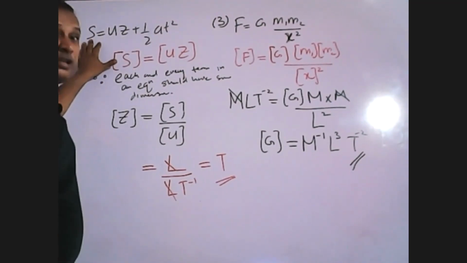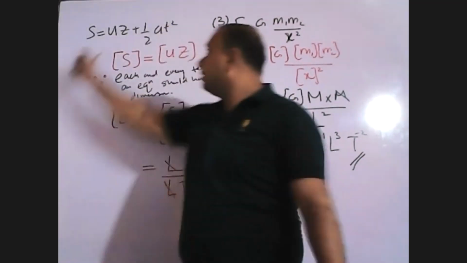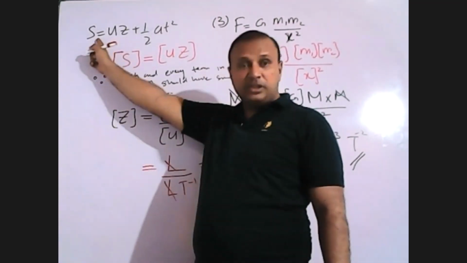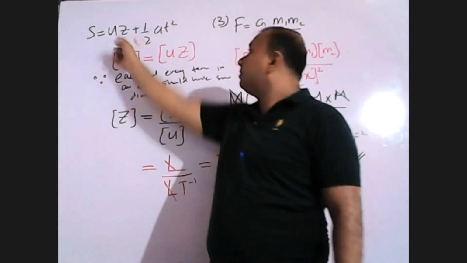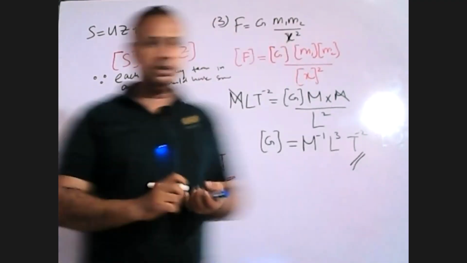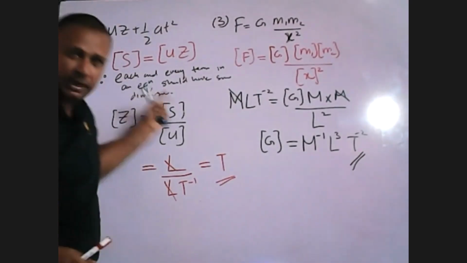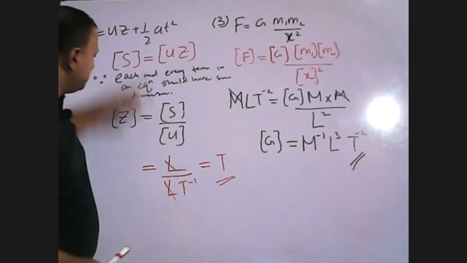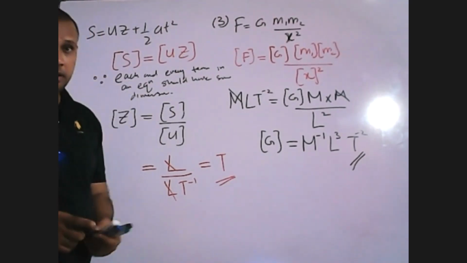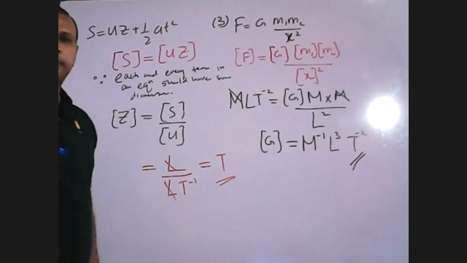Take that one, and you can equalize the dimension of S and U T here. After that, you have to write the logic, then you can make it the subject. If you are not writing in this way, please use this way.